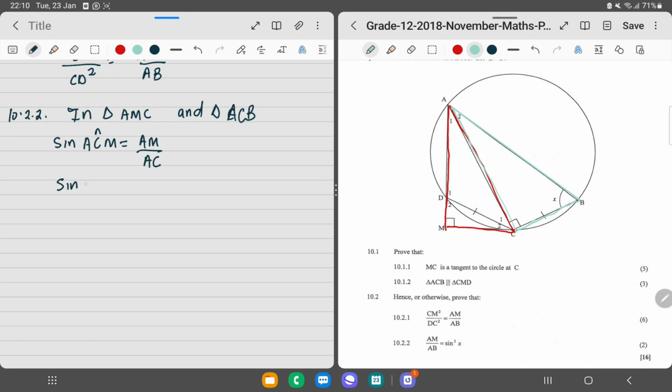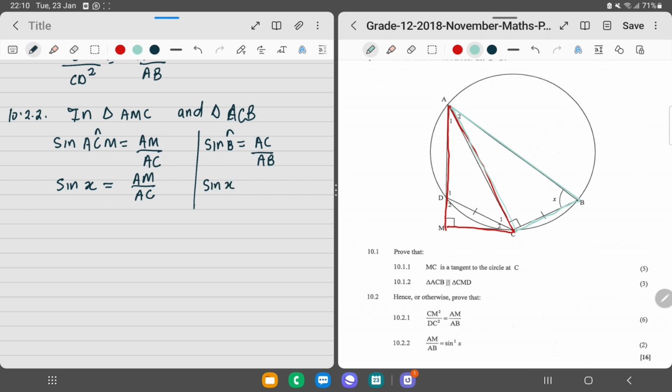So this is sine of x, which is equal to AM over AC. Okay. And then on this triangle, the sine of B is equal to AC over AB.